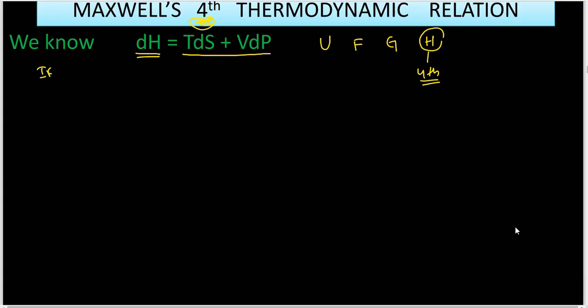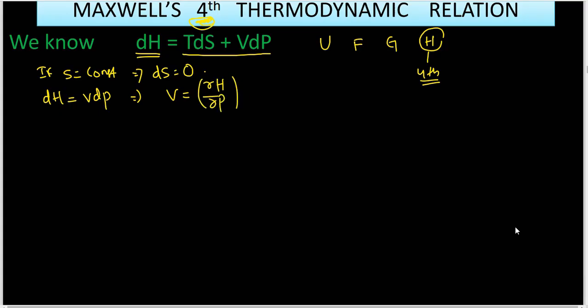If S equal to constant, that implies dS equal to 0. So what will happen? dH will be equal to VdP, that implies V is equal to del H by del P at a constant S. This is equation number 1.